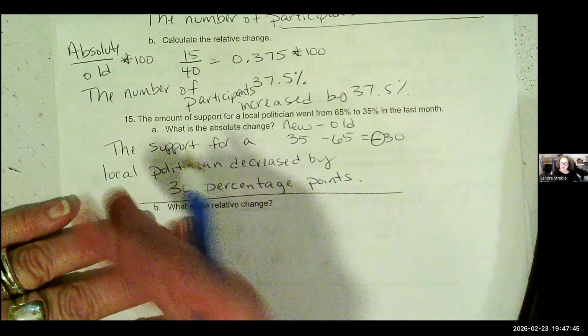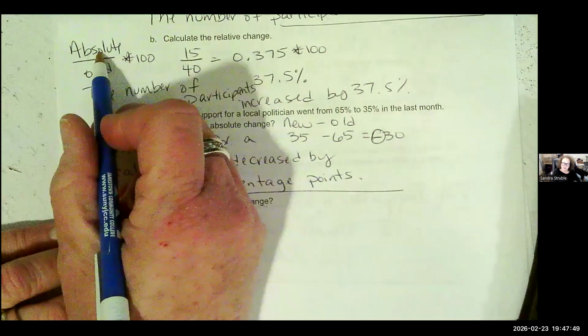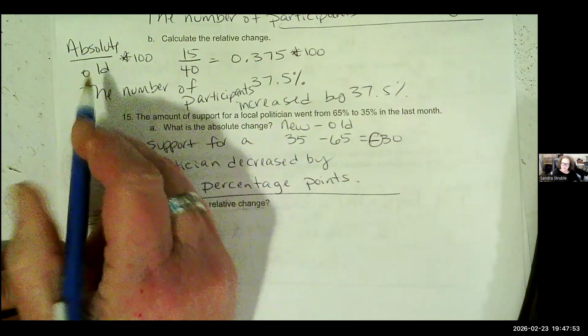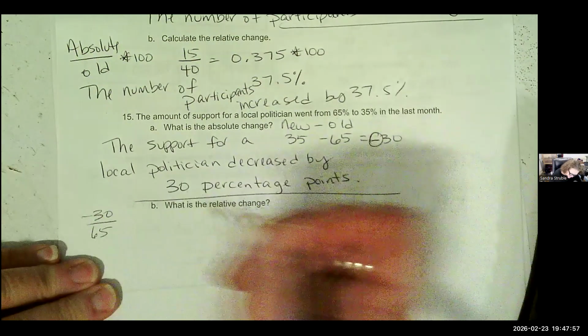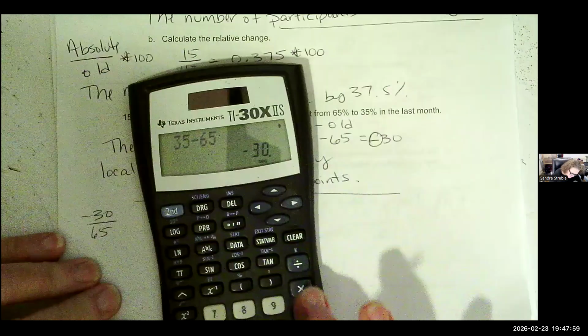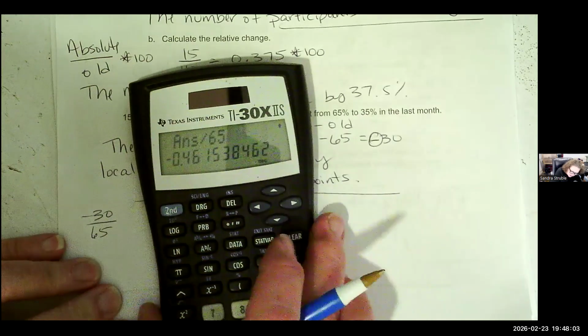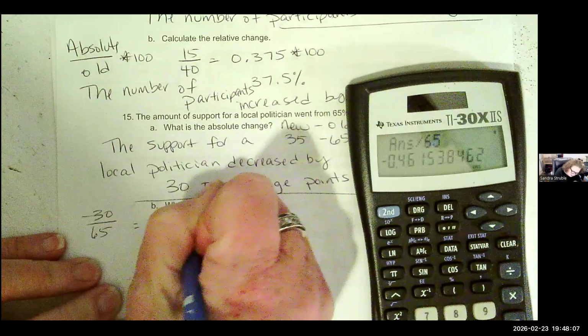What is the relative change? Well, the relative change is the absolute change, the negative 30, divided by the old, which is 65, and then we'll multiply by 100. So divided by 65 is negative 0.46153. All right, doesn't matter. I'm going to multiply that by 100.